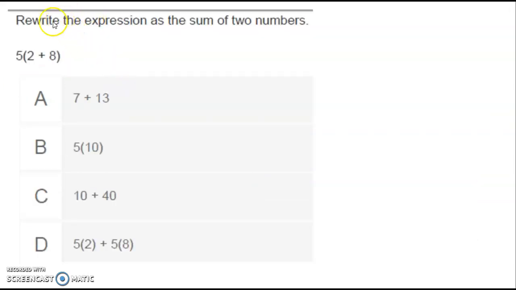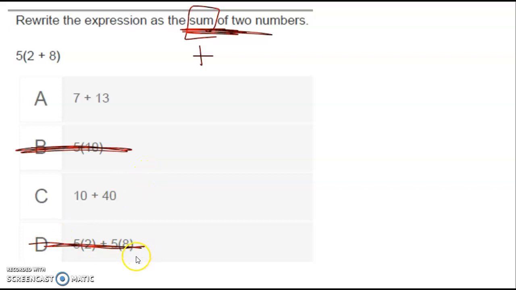This one's pretty easy. It says rewrite the sum of expressions as the sum of two numbers. When it says that, we are looking for sum, which means to add, and we are looking for two numbers. So when I think of that, I am queen of elimination. I know it can't be B, that's not sum, that's multiplication. I know it can't be D because that's more than two numbers.